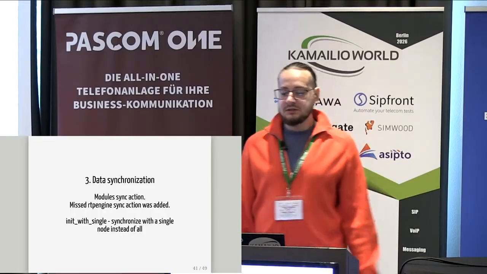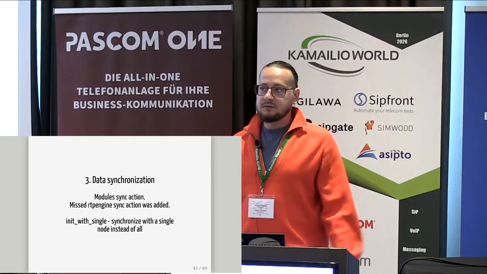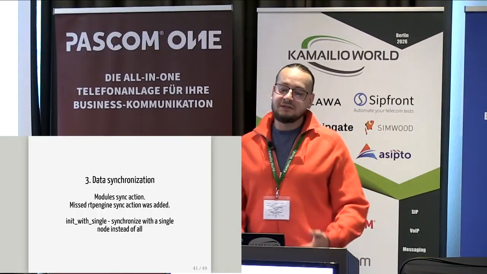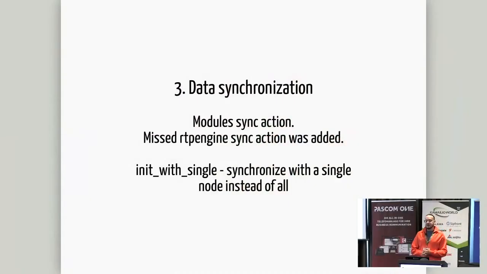I won't say this was a problem, but this was by design, and there was a question last year about this. By default and by design, when a new node becomes available in the cluster, it starts to synchronize with all the nodes in the cluster, with each of the nodes. But should it? Do we need this?